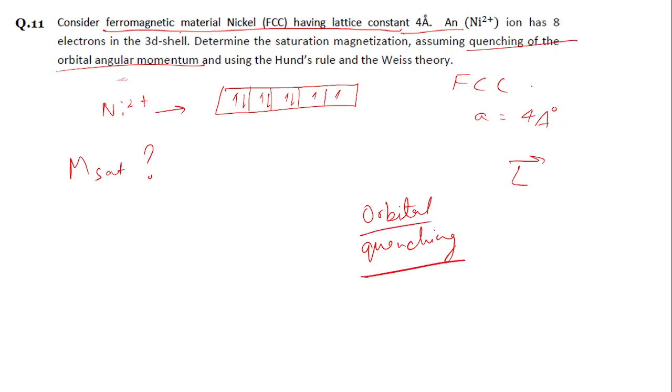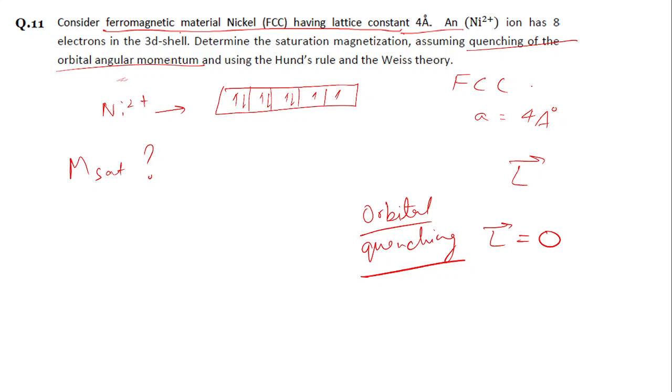What this means is that the orbital angular momentum for some atoms, some elements, becomes zero, and this happens when the electric field of neighboring atoms reduces the orbital angular momentum to zero. Orbital quenching is the reduction of orbital angular momentum to zero because of the electric field of neighboring atoms.